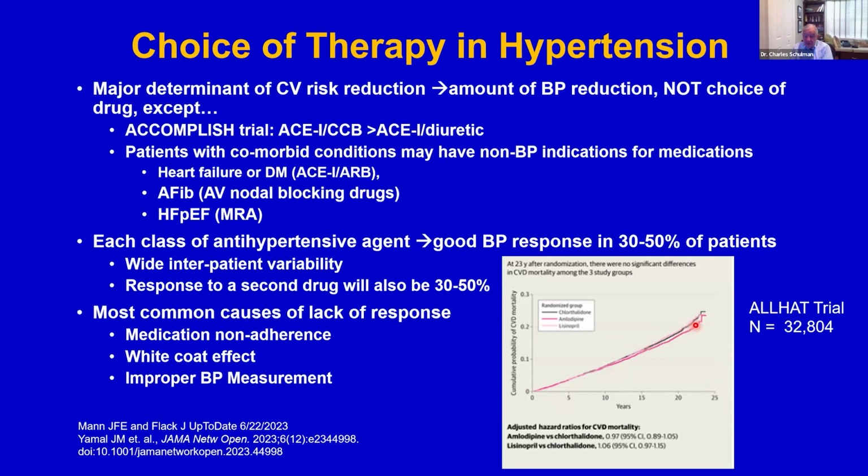There you go. Now, there are some exceptions. One exception is that in the ACCOMPLISH trial, benazepril and amlodipine combination was better at reducing adverse consequences than benazepril and a diuretic.